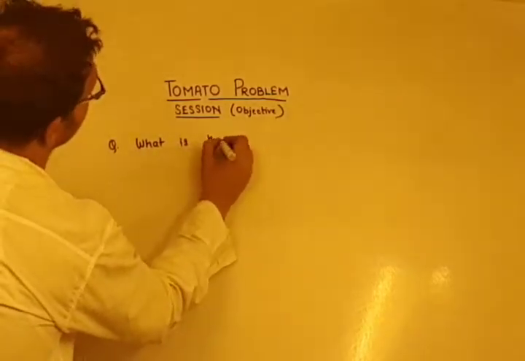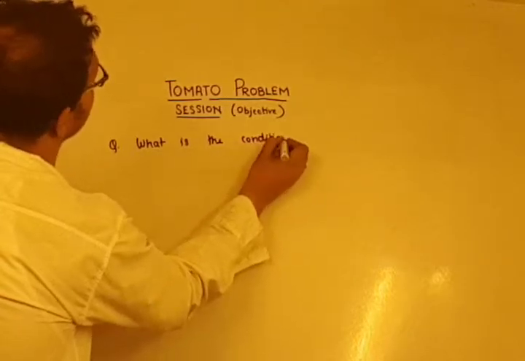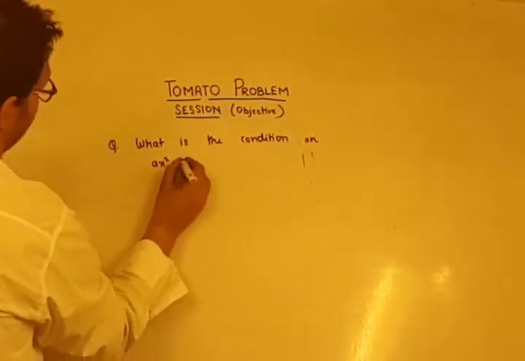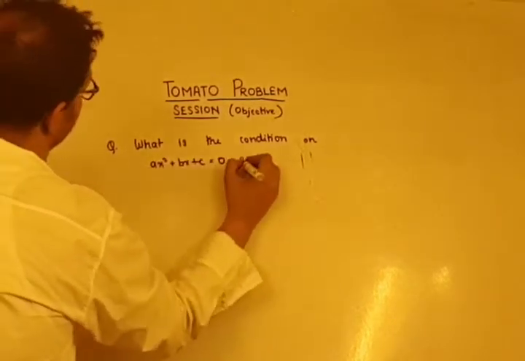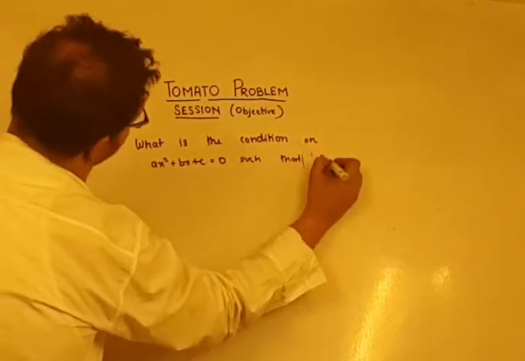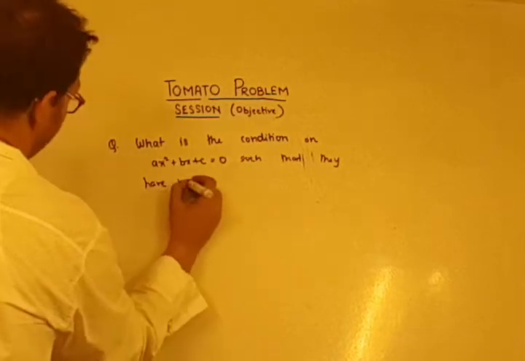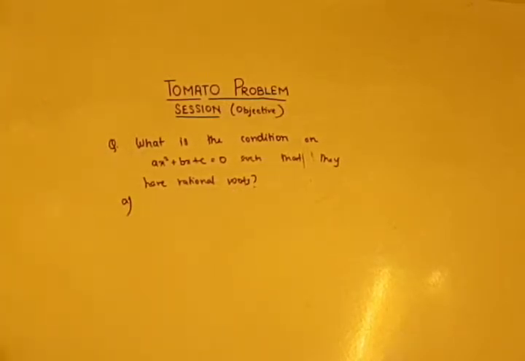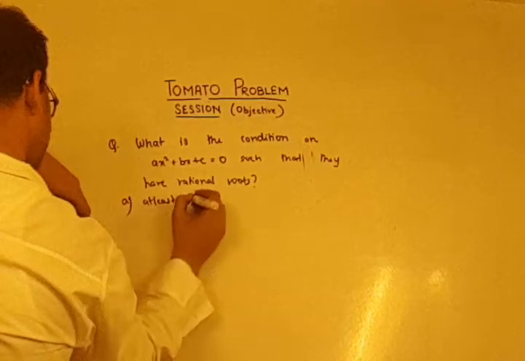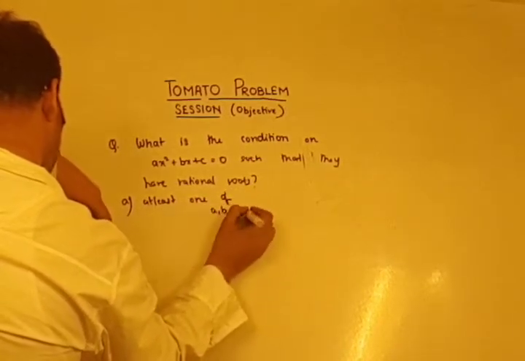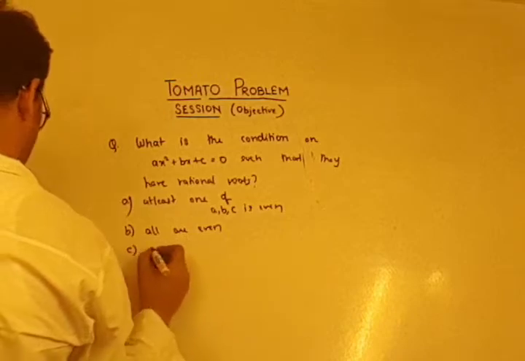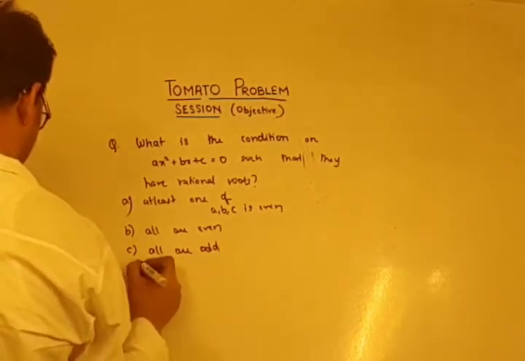What is the condition on, sorry, so the options are: at least one of A, B, C is even; all are even; all are odd; none of the above.